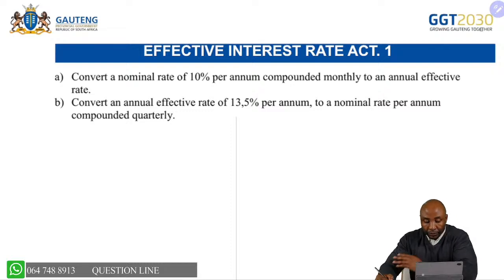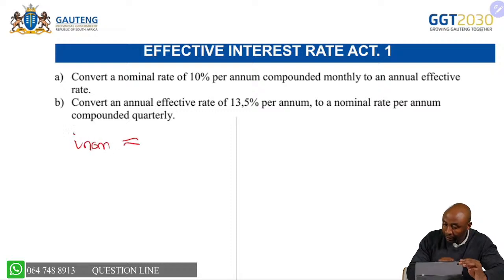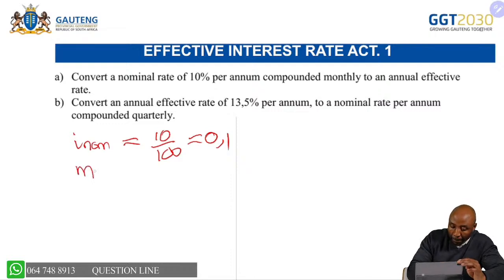Now, it means our I nominal, we are going to get this as 10%, or we can write it as 10 over 100, or we can write it as 0.1. And then our M, this is compounded monthly, so our M is going to be 12.